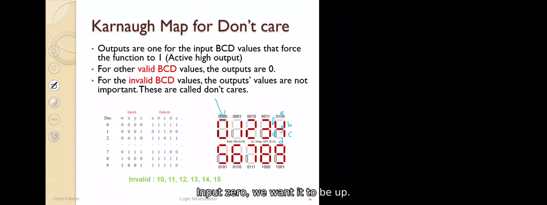When we put number 1 at the input, it is off. When we put 2, it is on. When we put 3, it is on. When we put 4, it is off. 5 on, 6 on, 7 on, 8 on, 9 on. So if we write the truth table, it would be this truth table.